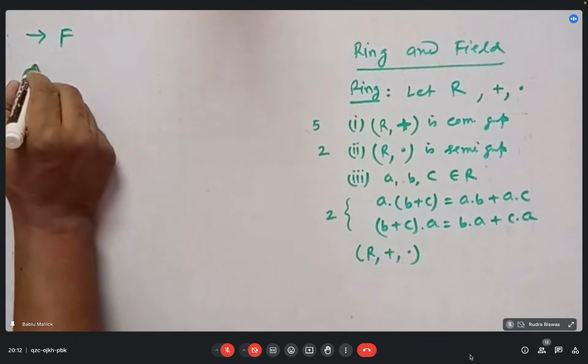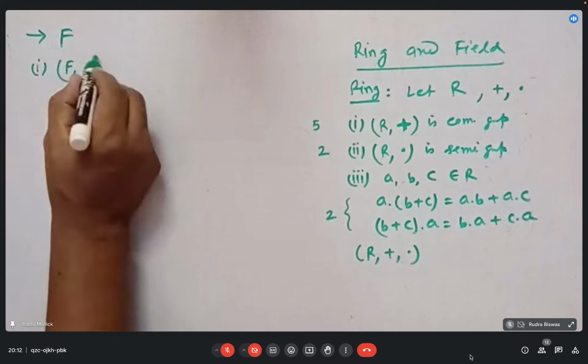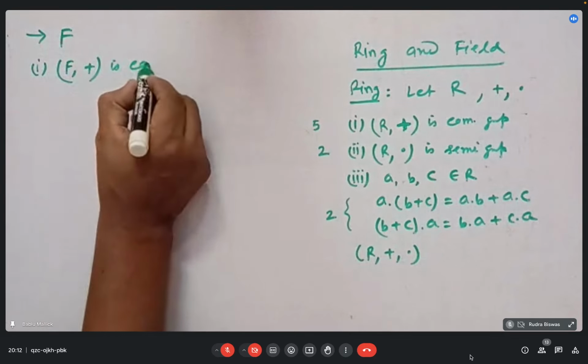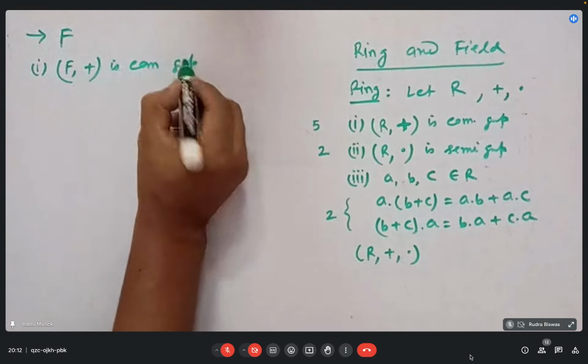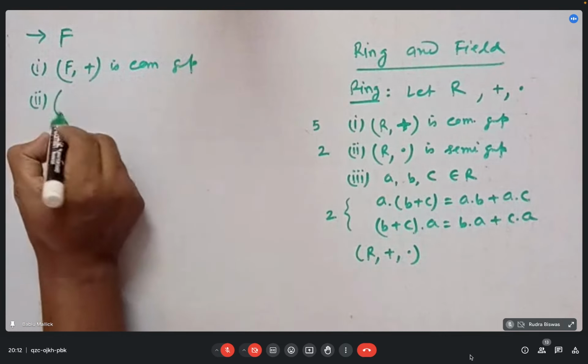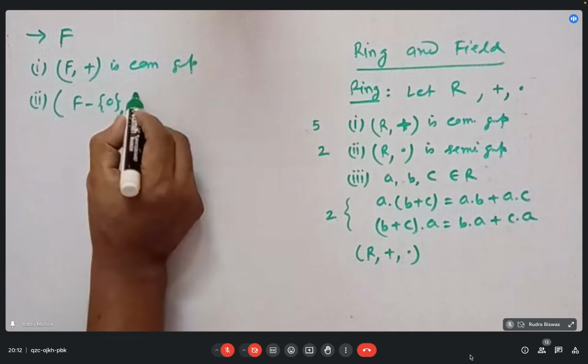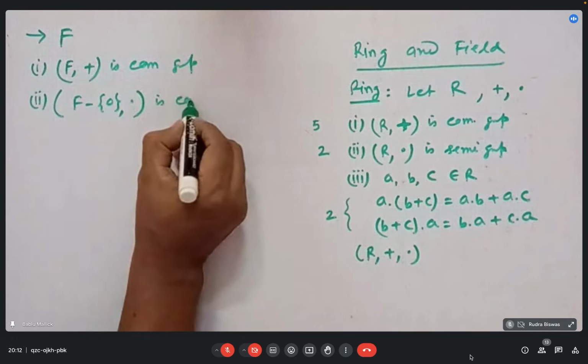Number one, F plus is a commutative group. Number two, F minus 0 dot is a commutative group.